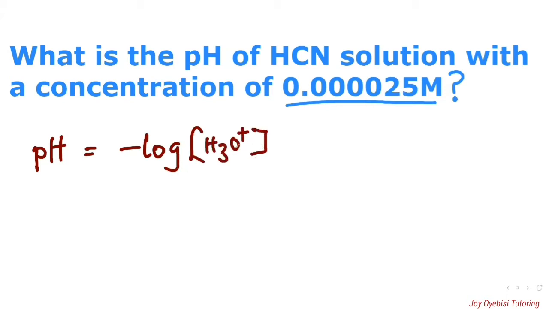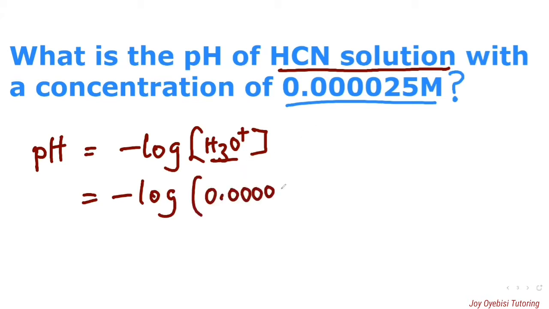Now, in this case, this is representing the HCN solution, okay? So all we just need to do is to negative log 0.000025 molar. And if we punch this into the calculator, it's going to give us 4.6, okay? And that is the pH of that solution.